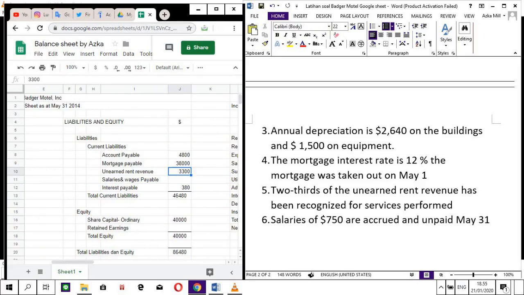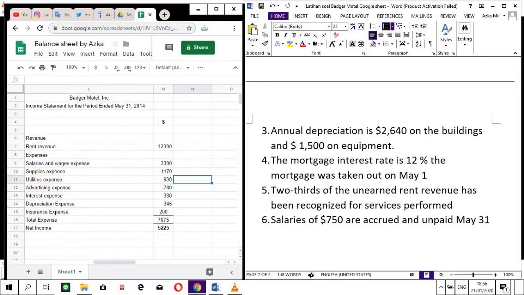On the last day of May, we performed 2/3 of the unearned revenue, so we deduct our liability that we performed and report what we performed as rent revenue.